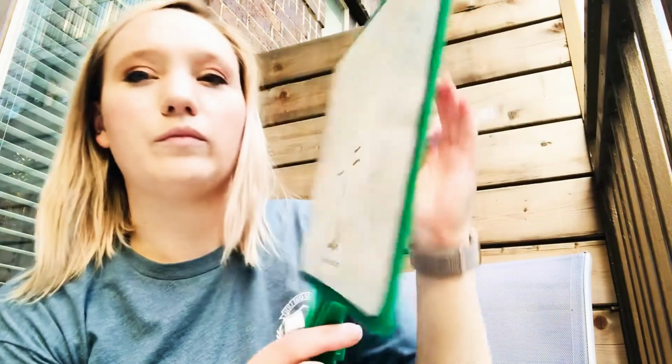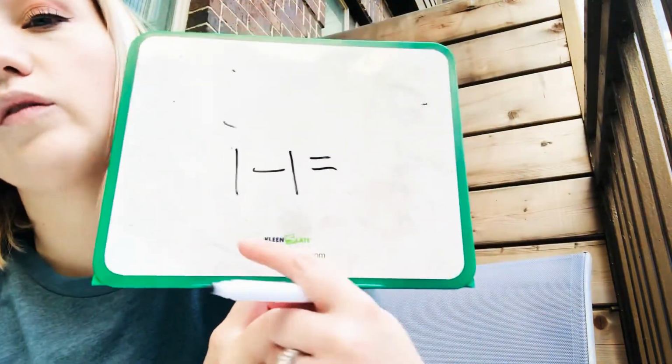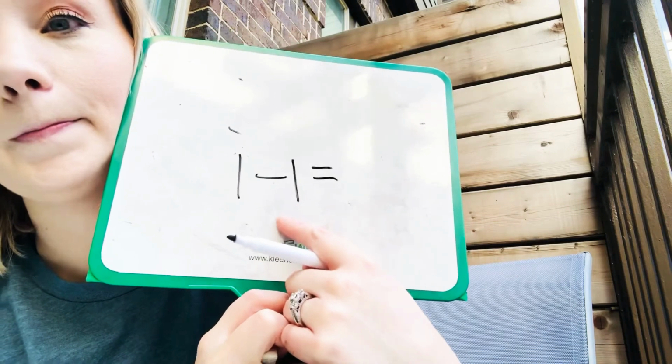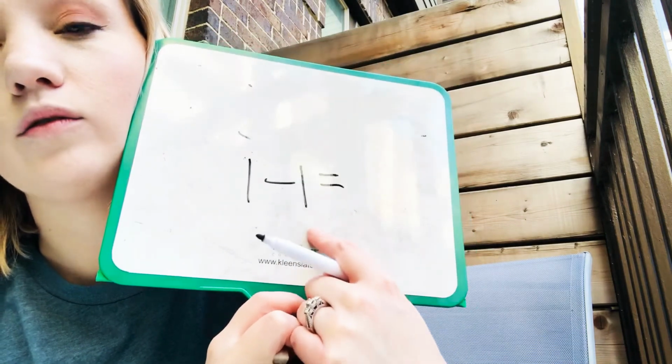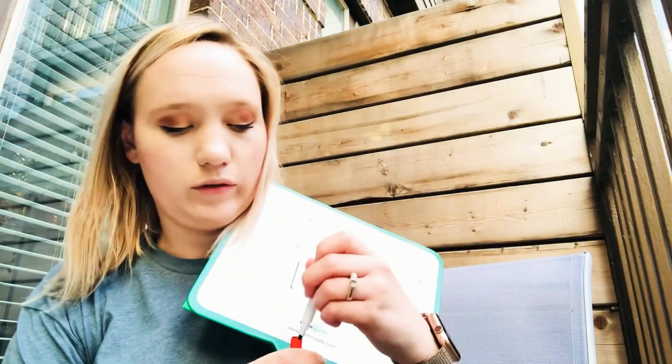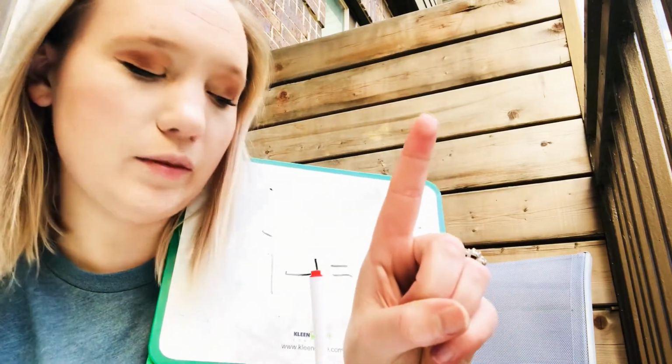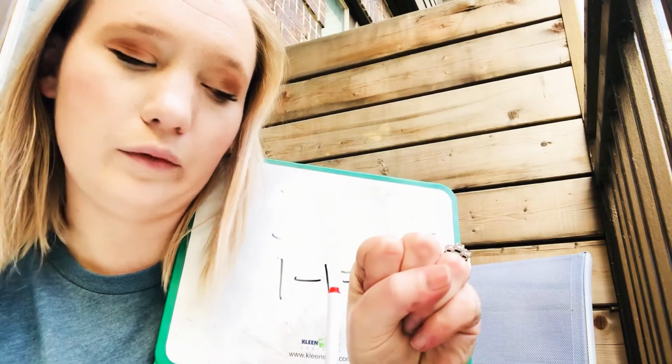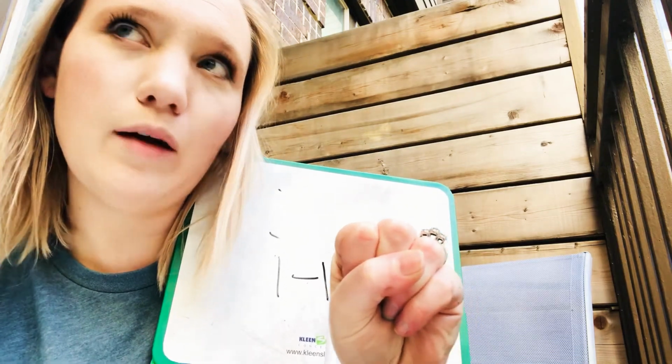Okay, this one might be a little tricky, so let's see if we can read it. 1 minus 1 equals, what do you think 1 minus 1 equals? Put up one finger. If you have one finger, and minus means to take away, and you take away one finger, how many fingers do you have left?